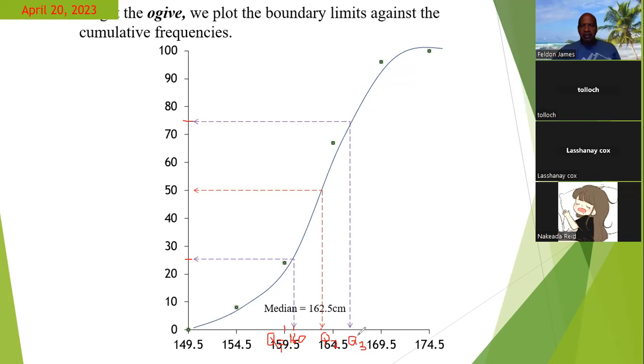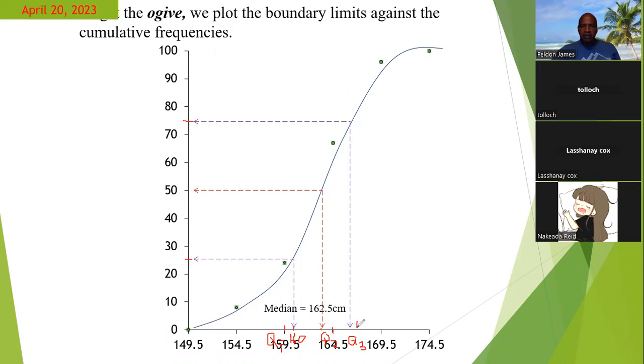Now this value, based on what we have here, would be approximately, so here is 164.5. So I'm estimating this to be about 165.